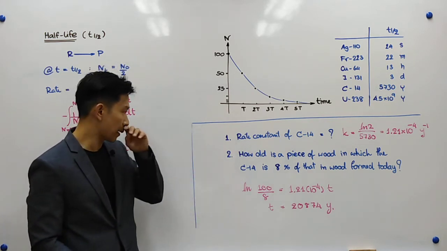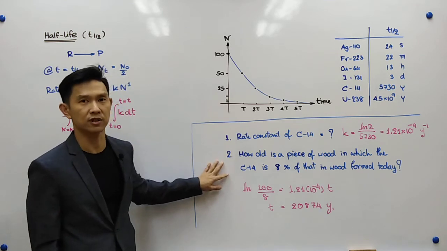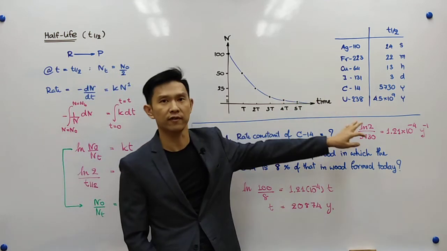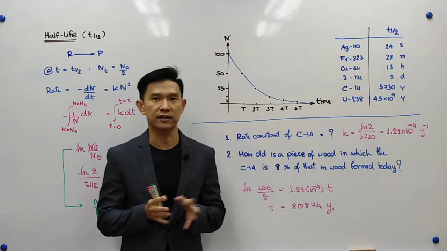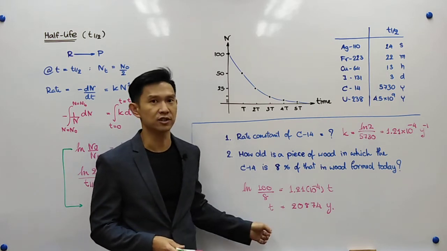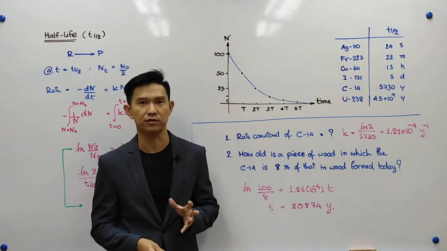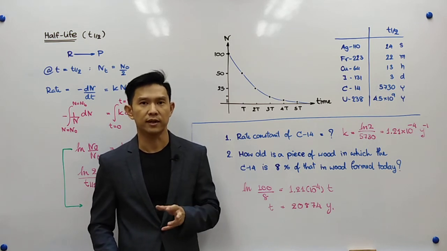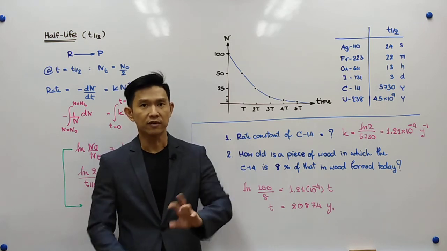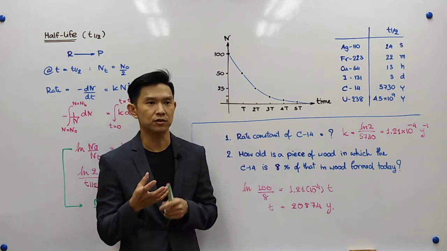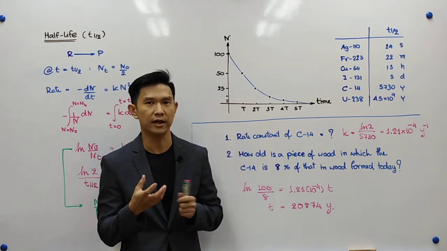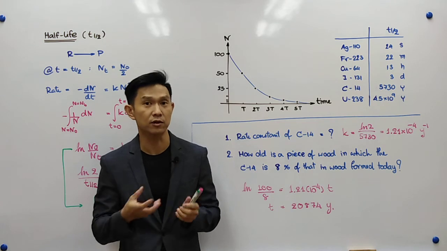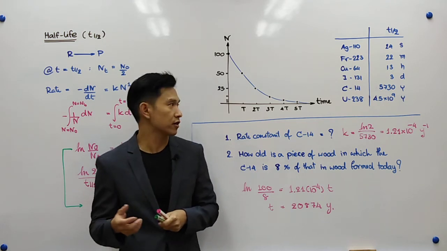So with this kind of technology and the knowledge of the half-life of a specific radioactive element, we can find the age of any kind of fossils. But you have to beware of choosing the right element. Think about a fossil that may be billions or many millions of years old.